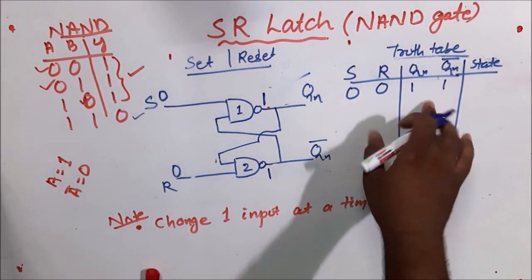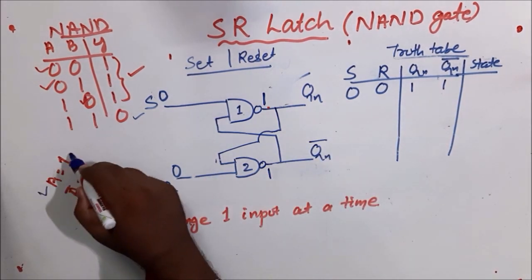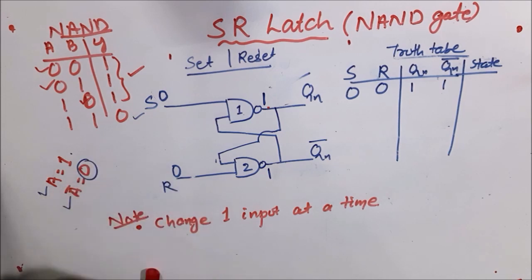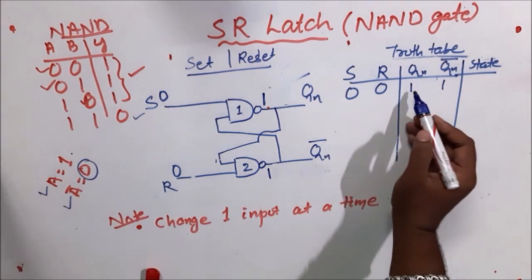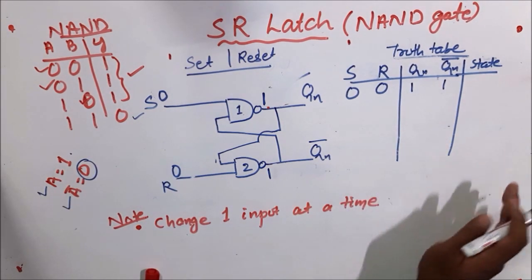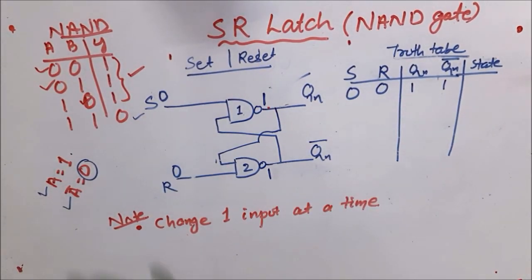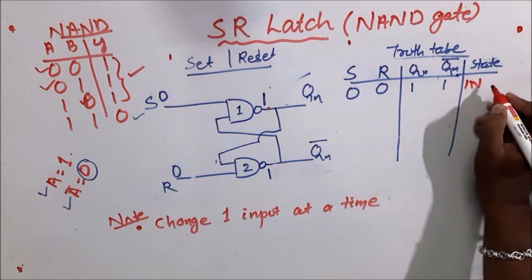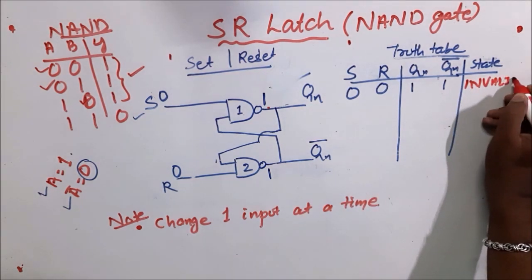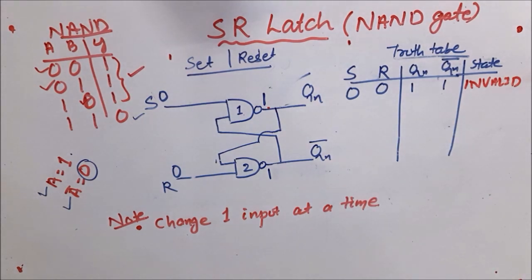Is it possible? No, because when A is 1, A complement should be 0. If Qn is 1, Qn complement should be 0, but this is not possible. That is why this state is called the invalid state.